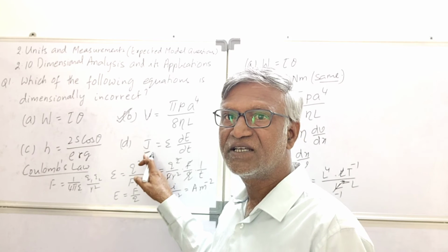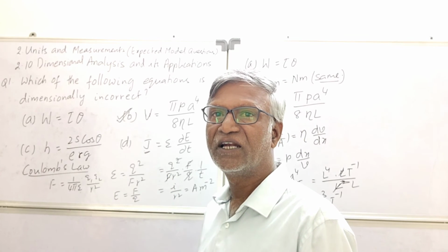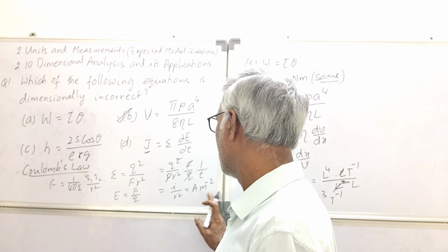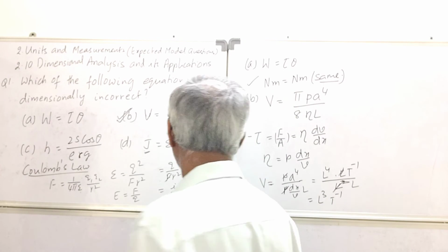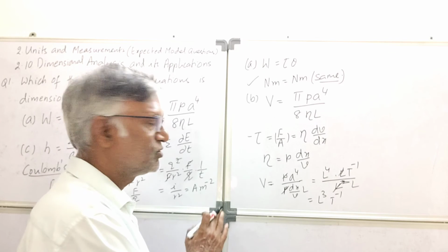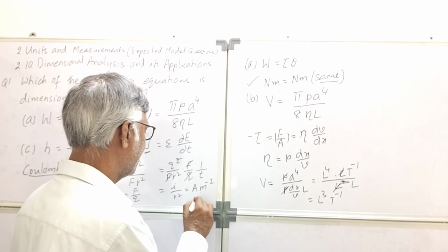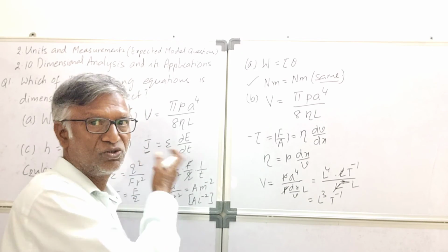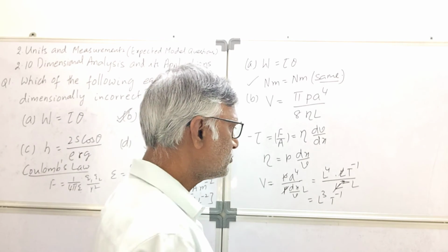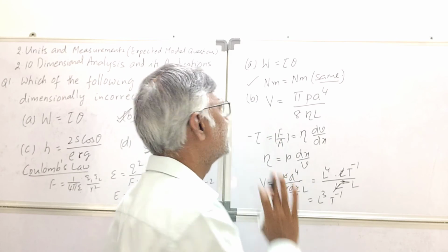This is current density. Current density is defined as current per unit area, that is the same, ampere meter to the power minus 2 is the dimension. Okay, dimension unit actually. So this you can write, A L minus 2 is the dimension, right side and left side also the same. Okay. So here only B is wrong.